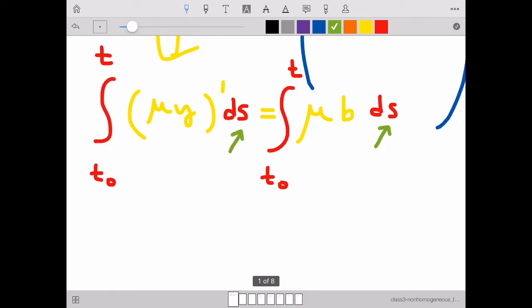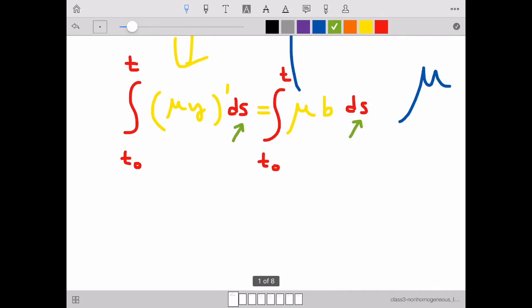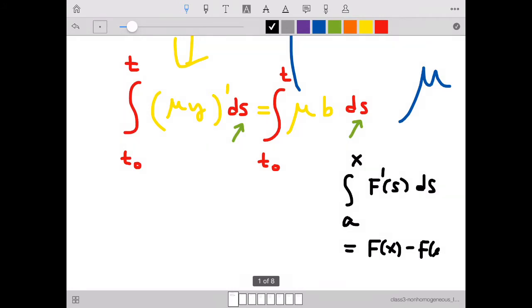We can't use t anymore, we have to change it to s. So if we have the integral from a to x of f prime(s) ds from your calculus, it is big F of x minus big F of a, the fundamental theorem of calculus.